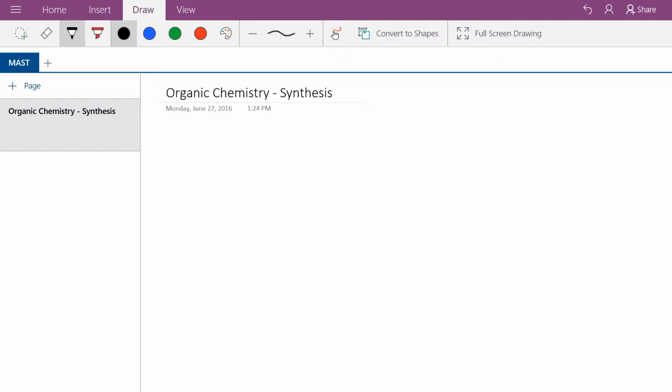And what is a synthesis problem? Well, basically, you're given a starting material or starting materials, which I'll call SM here. And then you're also given a final product or a target product, which I'll call P. And basically, once you're given those molecules, you want to provide a sequence of reagents that'll transform the starting materials into the target product. So let's work through an example. Let's say we're given these starting materials.